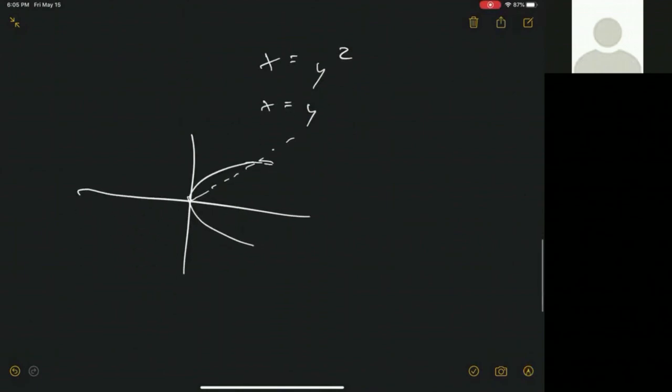In this case, we could do it either way, but there are some cases where instead of doing top curve minus bottom curve, we need to do right curve minus left curve. Okay, and number 7 is one of these cases.